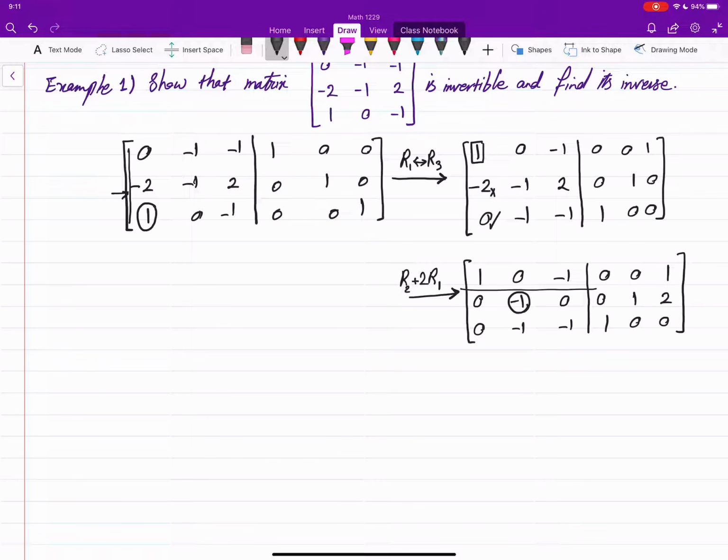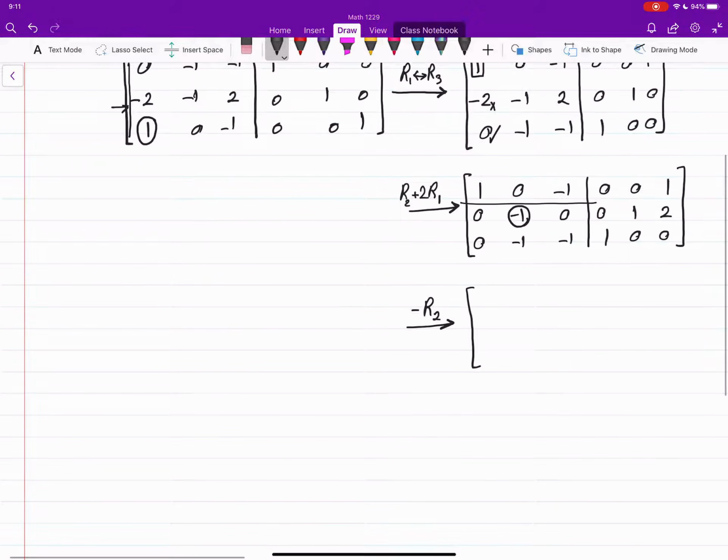We have to turn it to 1, so we multiply the whole row 2 by negative 1. So it is 0, 1, 0, 0, negative 1, negative 2, and the rest stays the same.